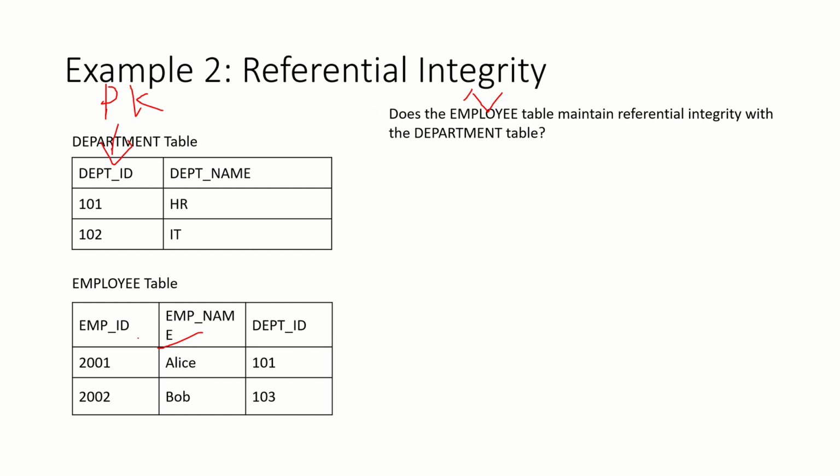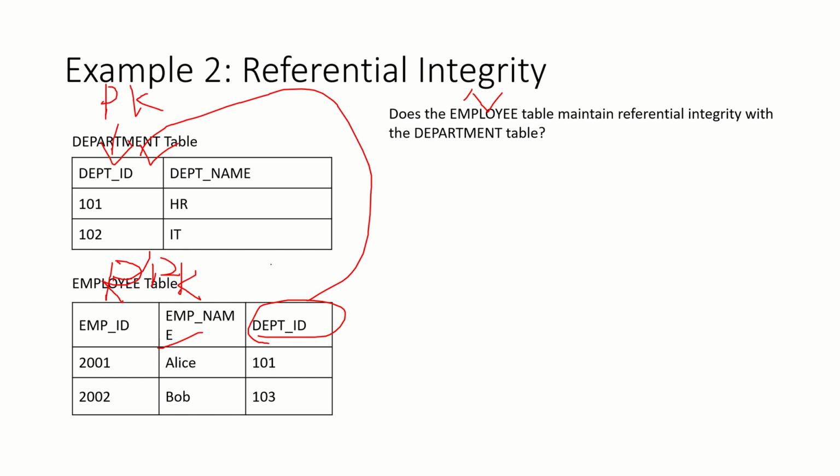This is unique, the department key, and in the employee table, employee ID is the primary key. However, in this table we do have department ID right here. Department ID is the same as the department table's primary key.